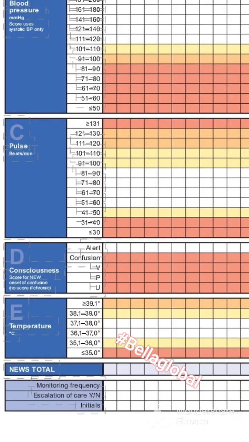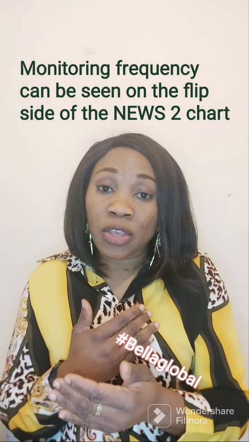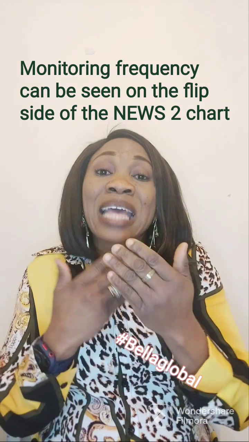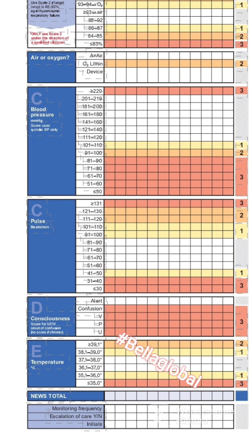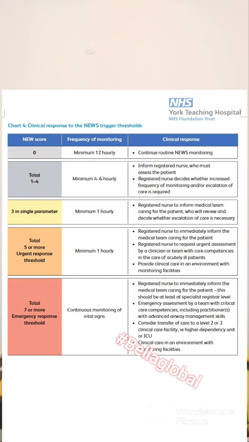Below that are boxes you can't ignore. So we have the monitoring frequency. We'll talk about monitoring frequency another time. You find that at the back of your NEWS 2 chart, because the total you got from your NEWS 2 determines how often you will go back to monitor your patient. And this also comes into play when you're talking about your planning. Escalation of care, yes or no. So Y represents the yes and N a no. Anything above 0 is a yes.